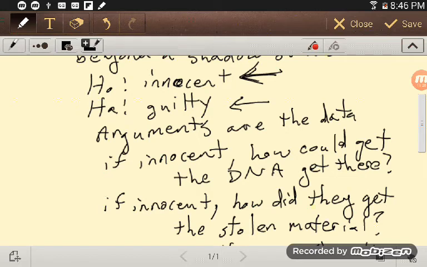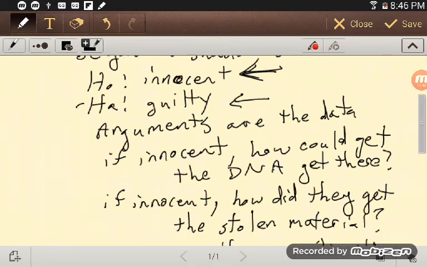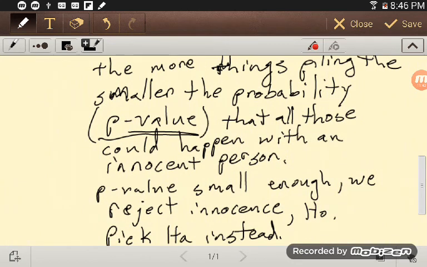These are all things that evidence points toward that alternate hypothesis, but it might not be strong enough to whittle down that probability, that p-value, where we say, oh, if that H0 was really right, then the probability that all these other things happen is so small, we're going to choose to go with the alternate.